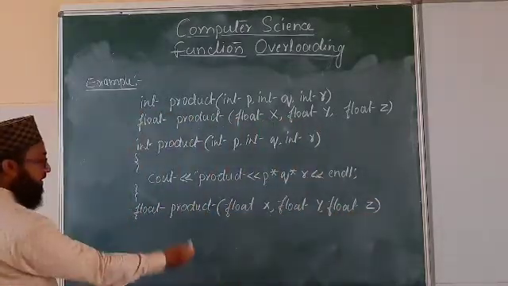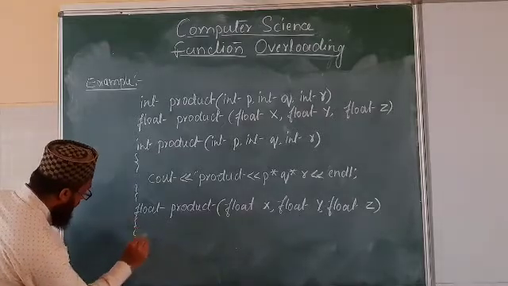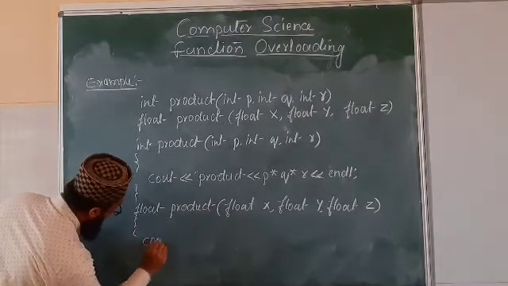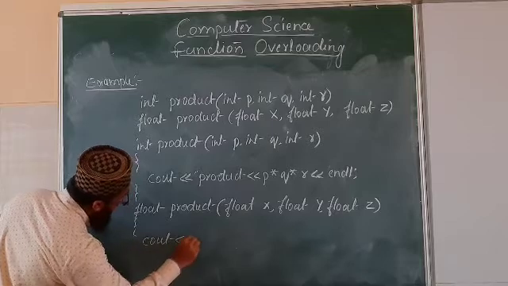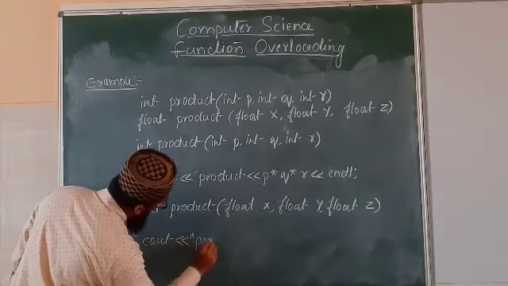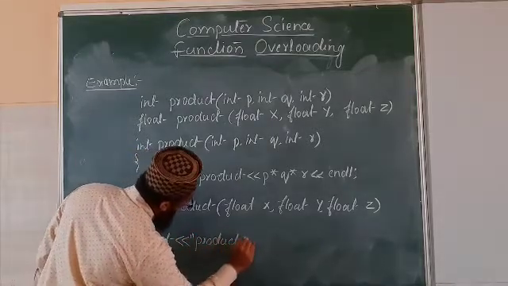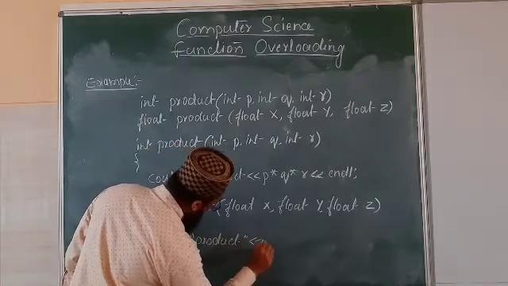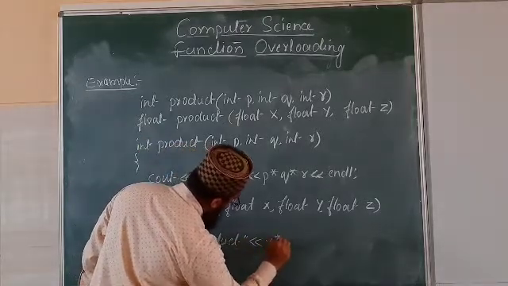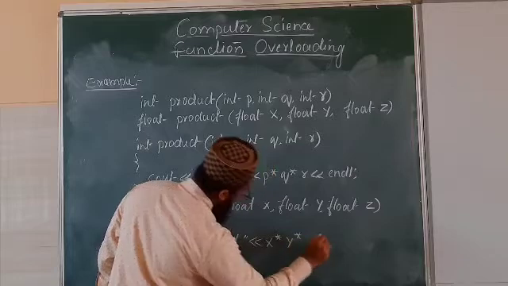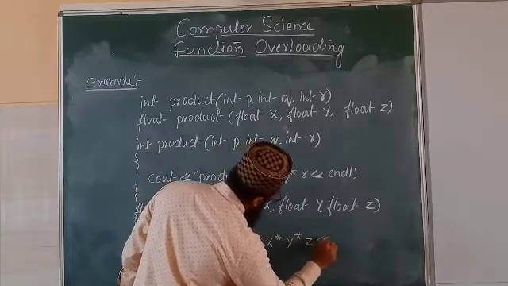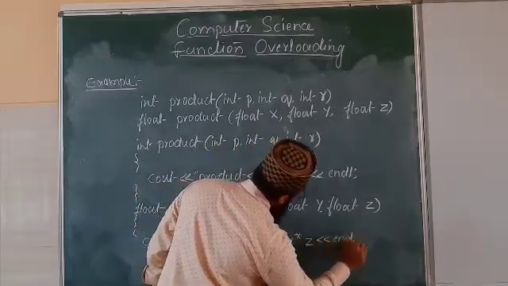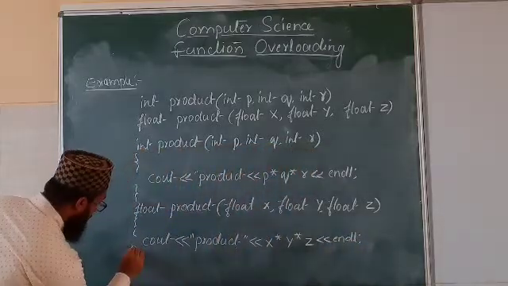After that, write the statement for this. Open brace, then cout. Cout is for getting output. Here also product, x into y into z, then endl, then close the brace.